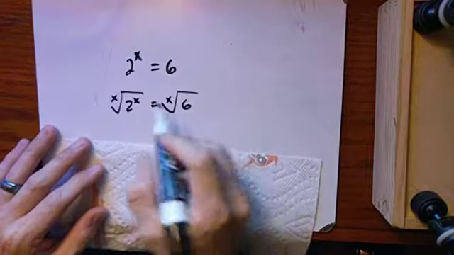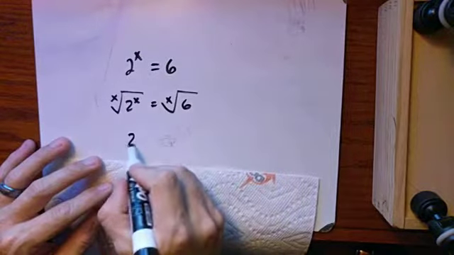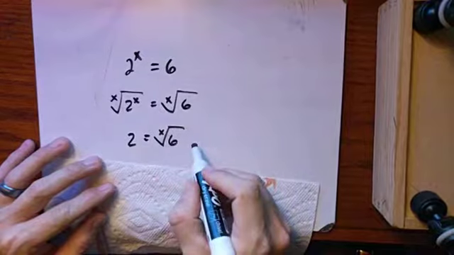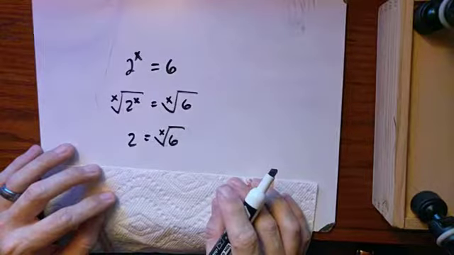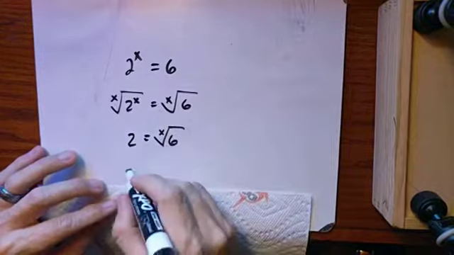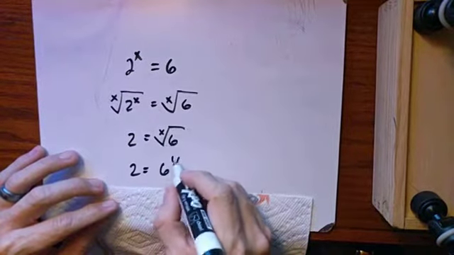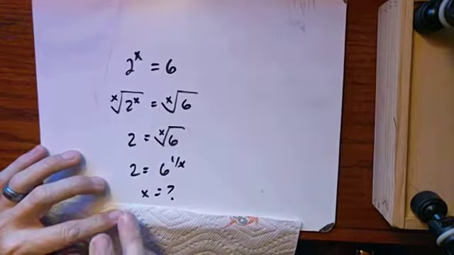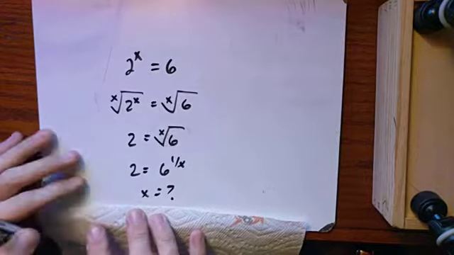No problem, the x and x cancel out. Now I have 2 equals 6 to the 1 over x, but that doesn't really get me anywhere, does it? You can go on and on with this, but you are still bumfuzzled on how to figure out what x is, right?